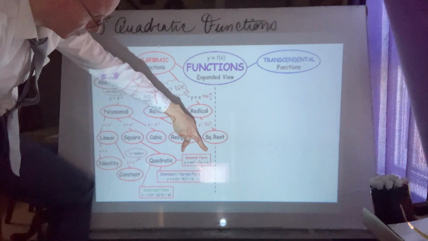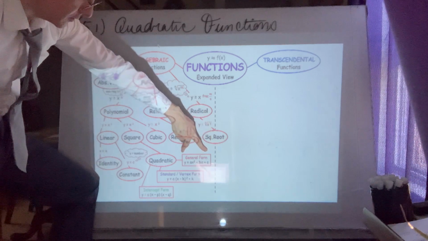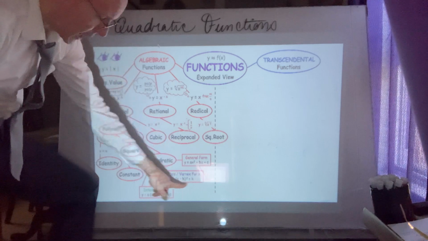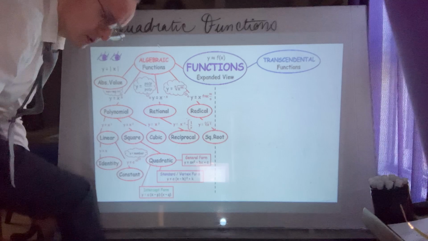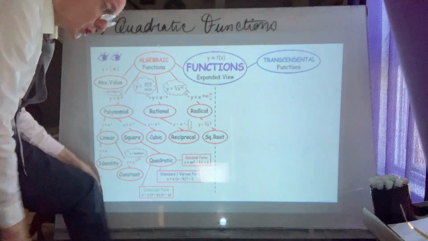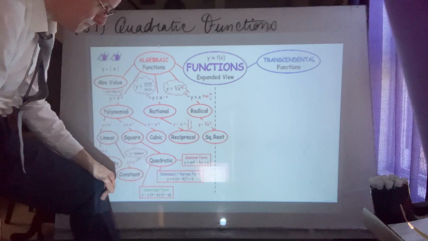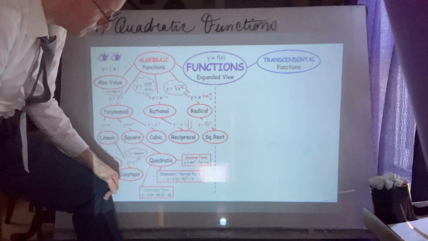There's the general form of a quadratic. There's something known as the standard form, which, if you analyze it, is strikingly similar, probably by no coincidence, to the transformation model. There's an h value, a k value, and at least an a, right?